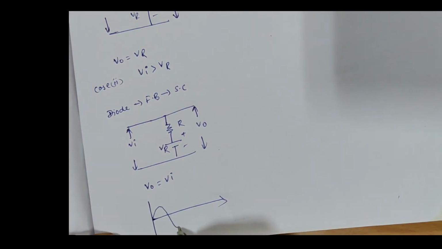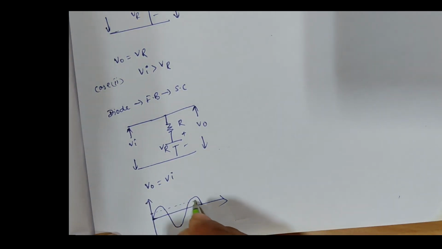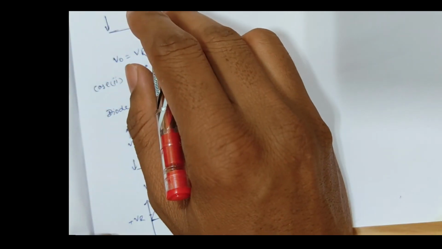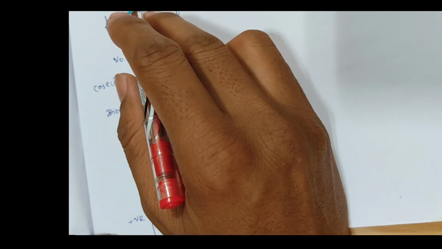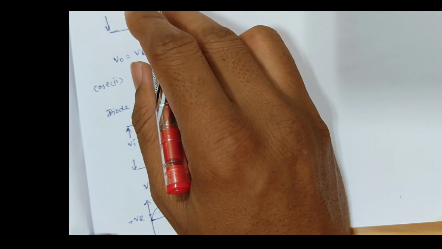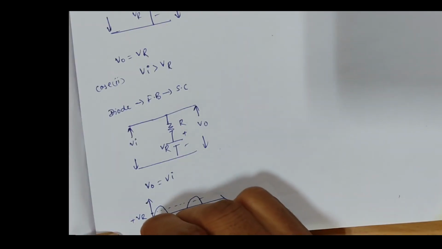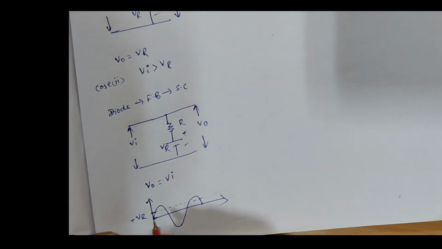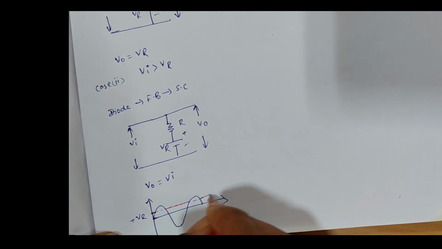This is my input waveform, and we are applying the VR. This is positive VR, which we represent here as plus VR. When Vi is less than VR, that means below the reference voltage, up to this point, V naught equals to VR only. This part is also below the reference voltage, and this part also VR.